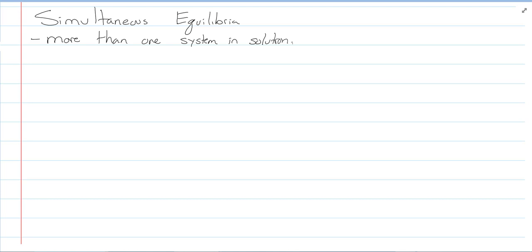And this goes into, a lot of things that we actually have in life have more than one variable. Way more than one variable.